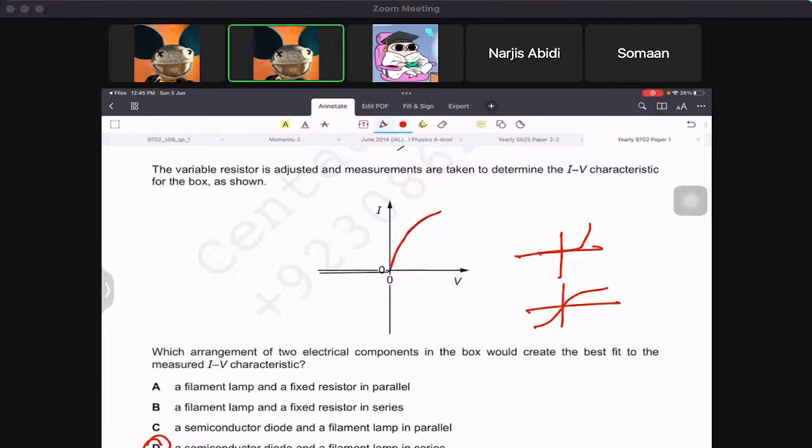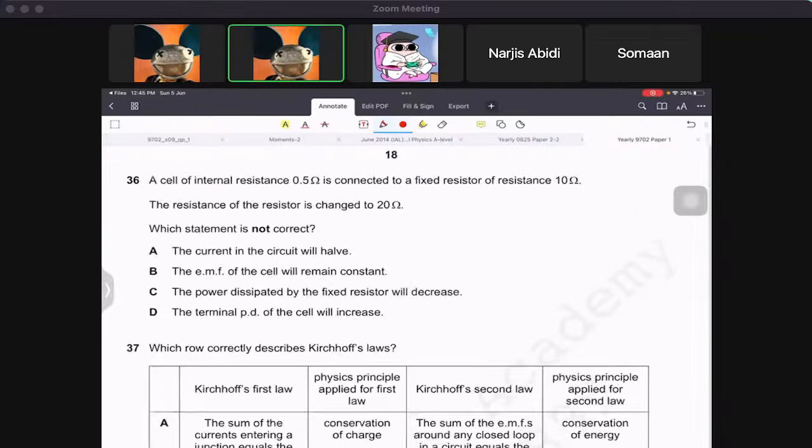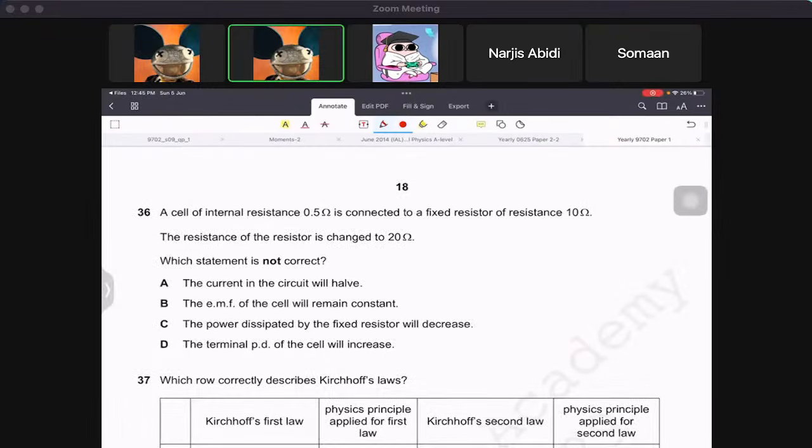Okay, now a cell of internal resistance 5 ohm is connected to a fixed resistor of 10 ohm. The resistance of the resistor is changed to 20. What statement is not correct? The current in the circuit will be halved. Is the resistance halved? So first the resistance was 10 plus 0.5, meaning 10.5.